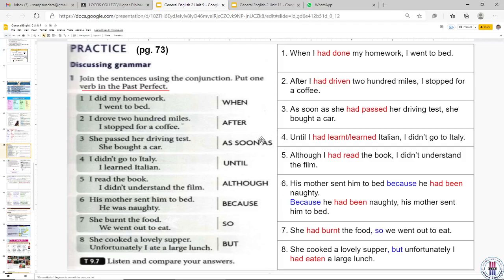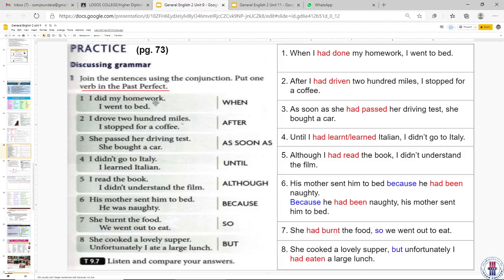Right? So look at number 1. I did my homework. I went to bed. So conjunctions, you combine sentences. So here, they want you to combine these two sentences with the word when. So what happened first? Did you do your homework or did you go to bed? Right. So first, you did your homework. Okay, then you went to bed. So I did my homework. You would have to change this into the past perfect tense.